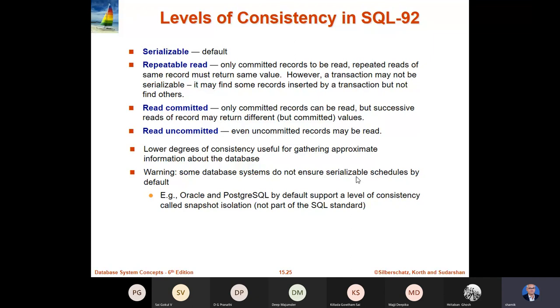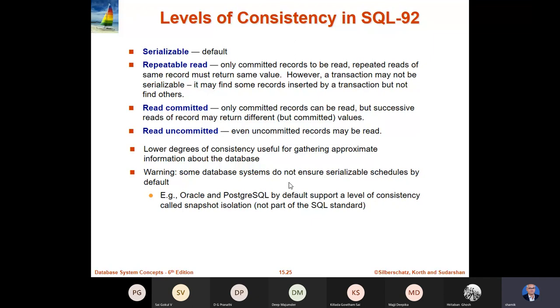Then in this second read, T1 will read the value as 150, and it is committed, meaning that the transaction T2 that changed the value from 100 to 150 has committed. So if T1 now reads the balance of account 1 as 150, that is a committed value. That is not going to result in any incorrect read.